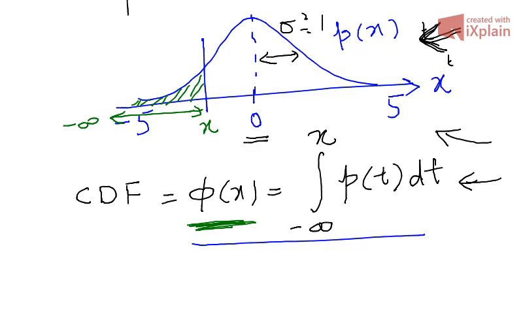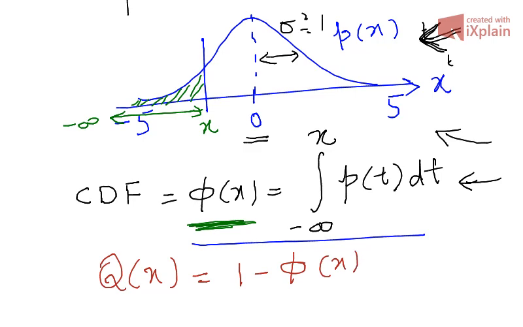Now we come to the function q of x, which is very closely related to phi of x, or you can say the PDF or the CDF. The function q of x is defined as 1 minus phi of x, right?